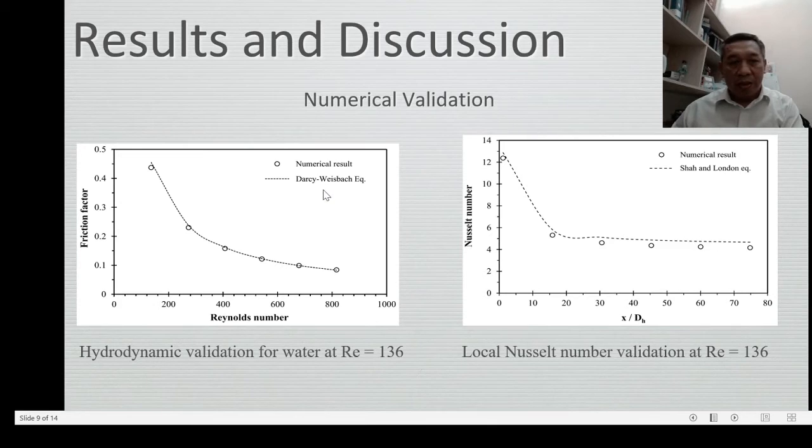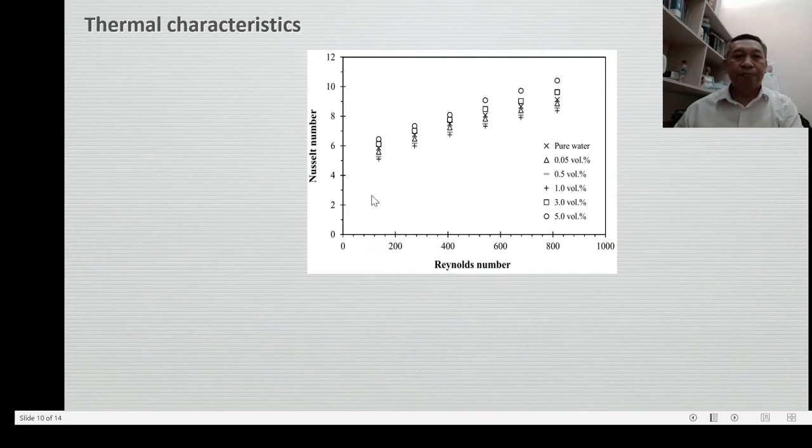It's clear in the picture that our validation is in good agreement with the Shah and London equation for the Nusselt number, and in very good agreement with the Darcy-Weisbach equation.